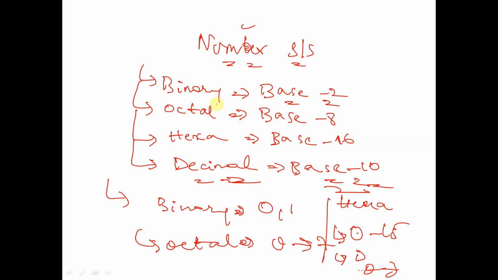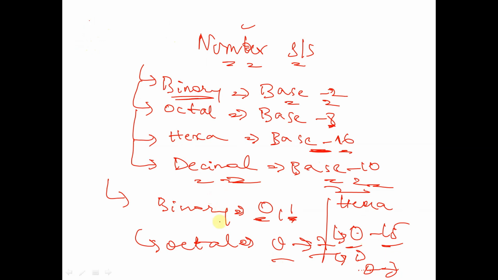So here we can see that in binary number systems the base is 2, so we are representing the numbers in 0 and 1. For base 8 it is 0 to 7, and hexa, that is base 16, we are representing from 0 to 15.